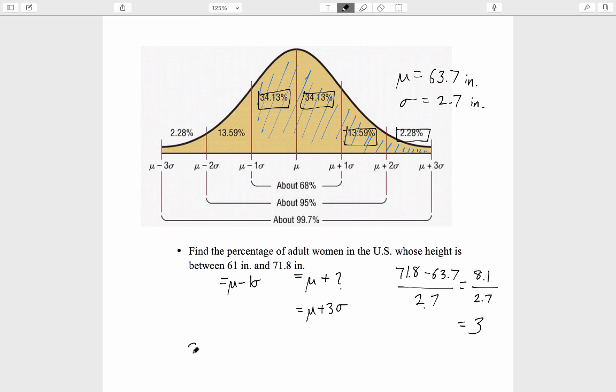When we add these up, we obtain 84.13%. 84.13% of adult women in the US have a height within this range, or equivalently, a randomly selected adult woman in the US has a 0.8413 probability of having a height within this range.